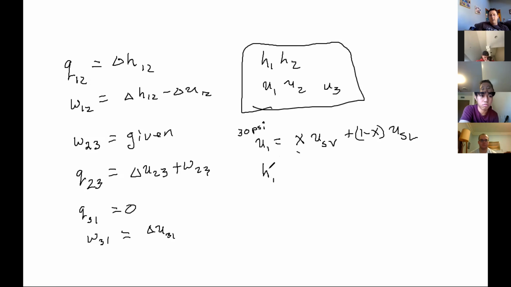H1 is going to be the same way. X times H saturated vapor plus 1 minus X times H saturated liquid. Now, because the quality is so close to 1, you know the answer is going to be pretty much the saturated vapor numbers. A little bit different, but close.